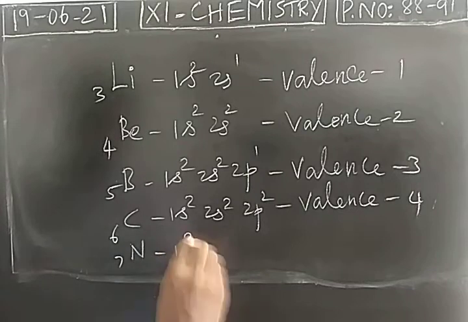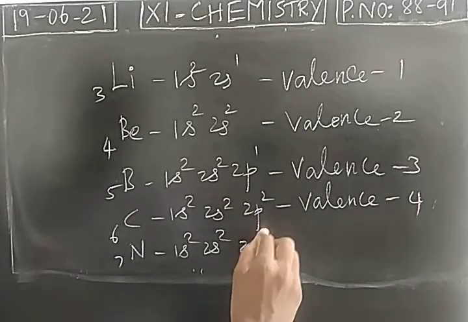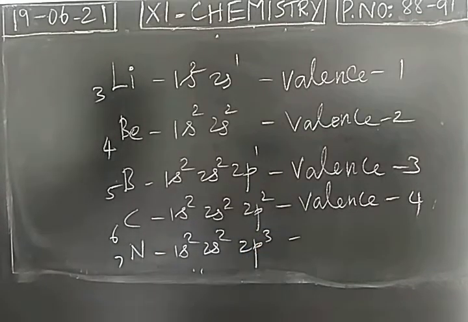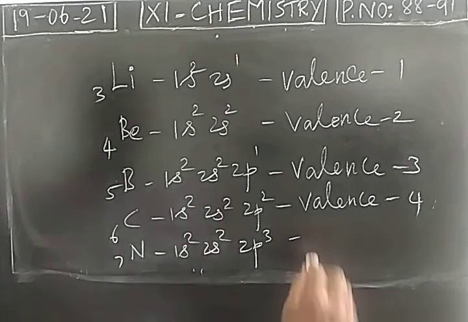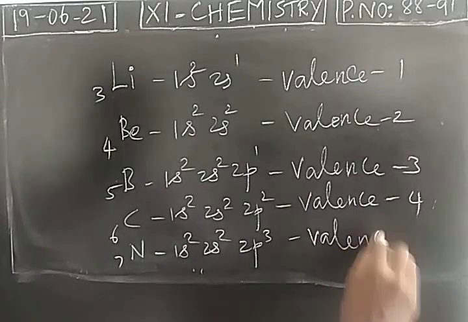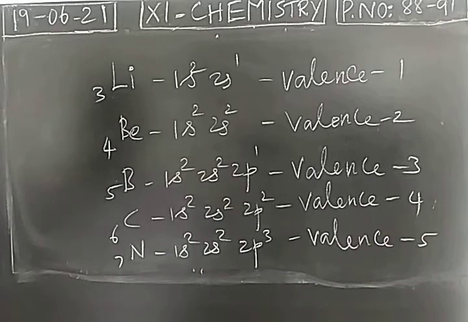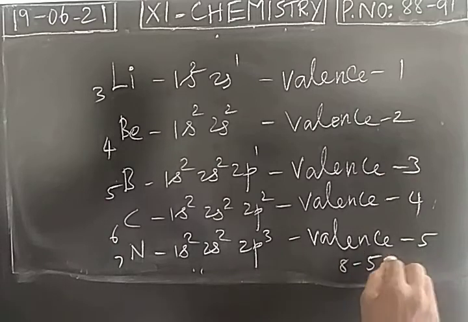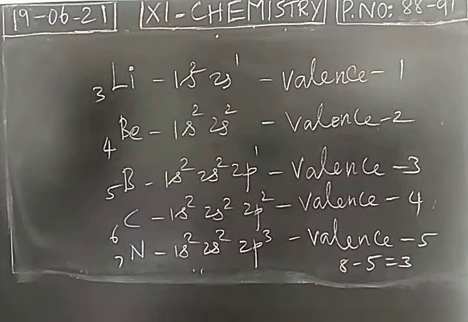Consider nitrogen, totally 5 electrons present in the valence shell. So its valence is 5, and one more valence is available for this nitrogen. 8 minus 5 is equal to 3. So we can say nitrogen is exhibiting 2 valences, 5 as well as 3.